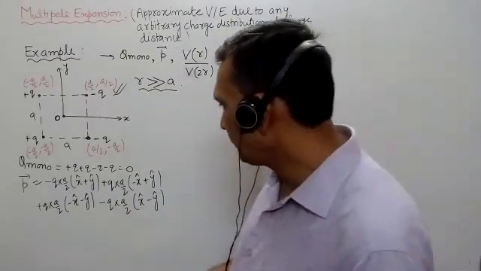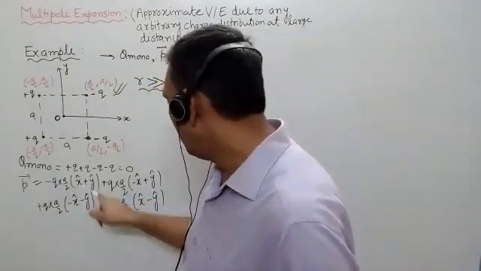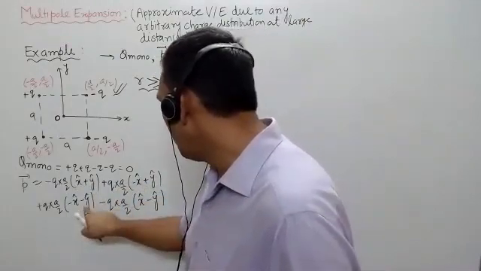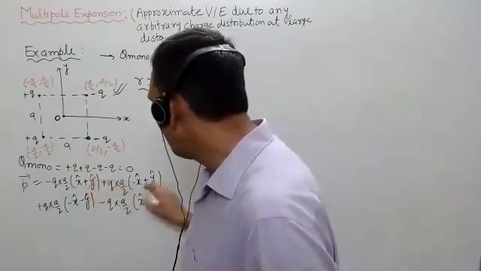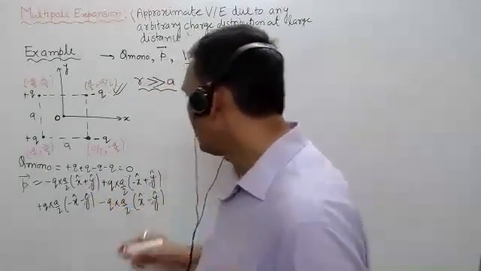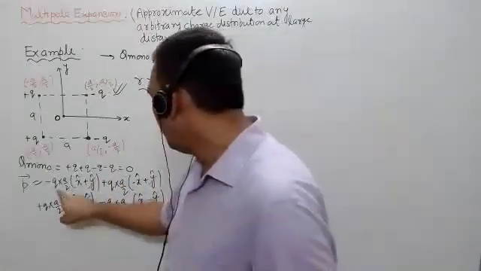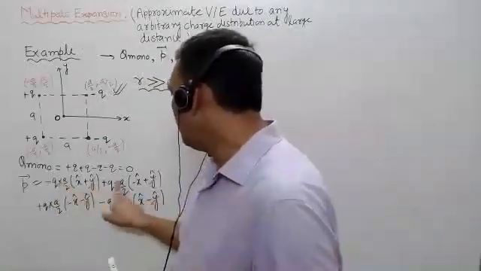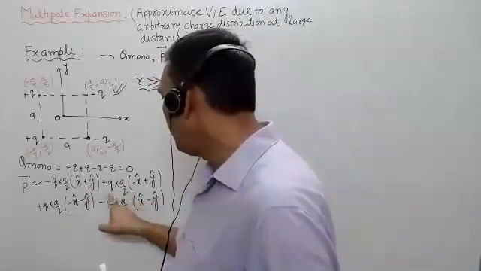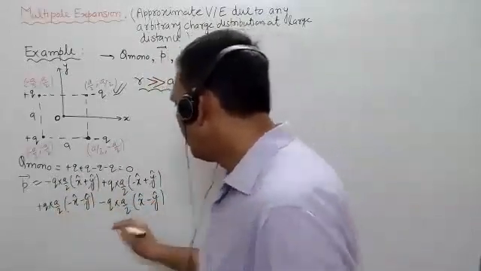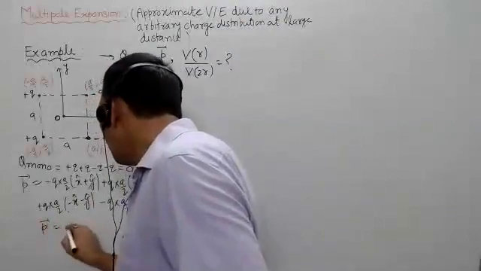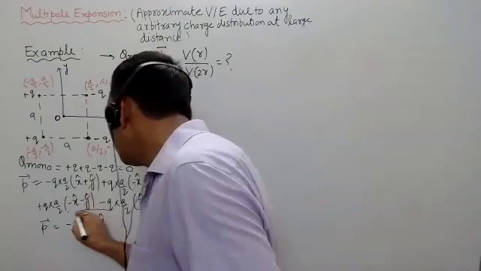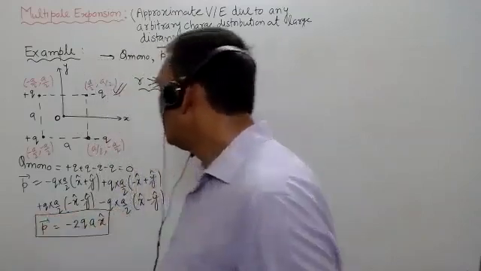So let us see, this is minus y cap, this is plus y cap, minus y cap, plus y cap. So these terms will cancel out. And what about x cap? Minus, minus, minus, minus. So a by 2 is a, and you will get 2a. So finally you will get minus 2qa x cap. This is the dipole moment of the charge configuration.